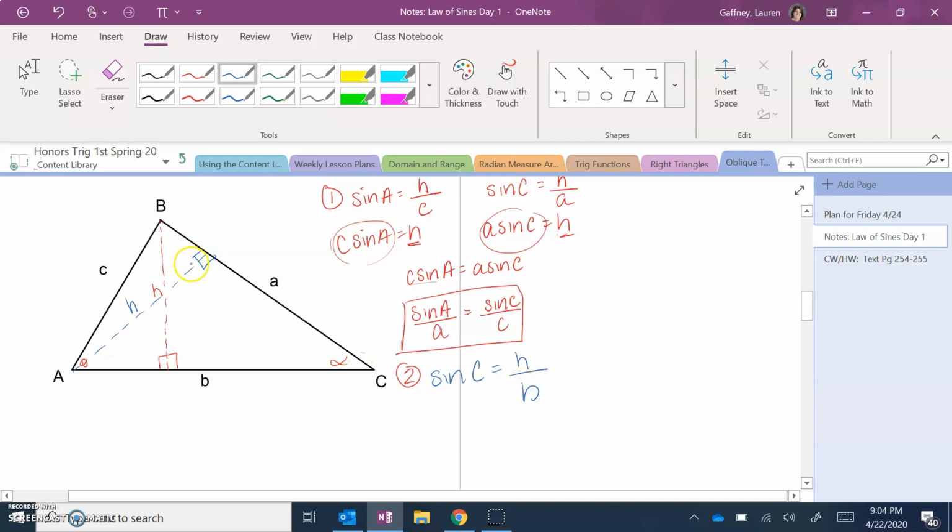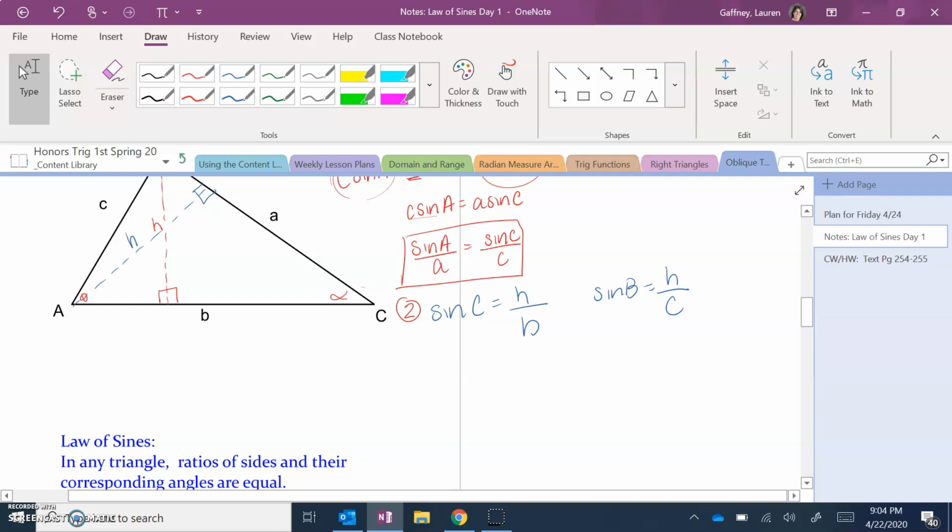In this big triangle here, b is the hypotenuse. Now let's look at this guy over here. Let's do sine of B is equal to opposite, which is h, over c. In this triangle, the hypotenuse is this guy c.